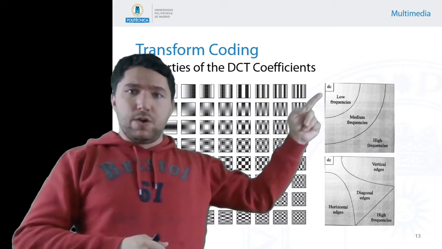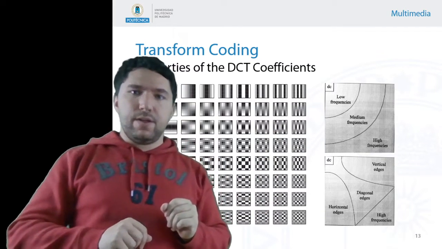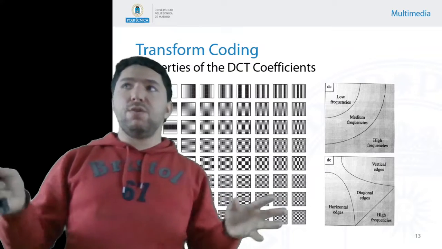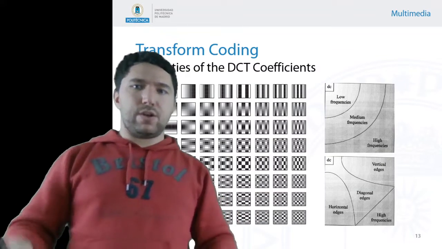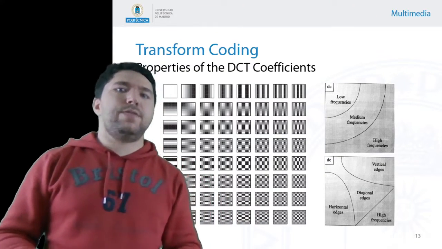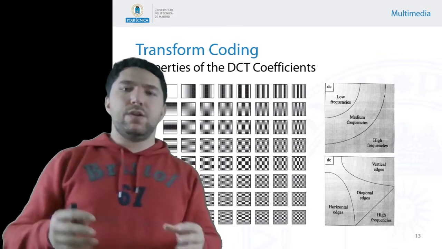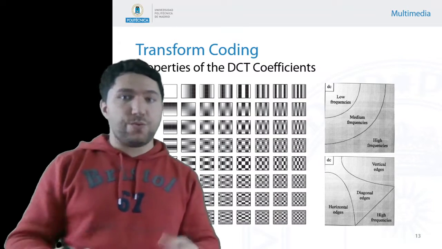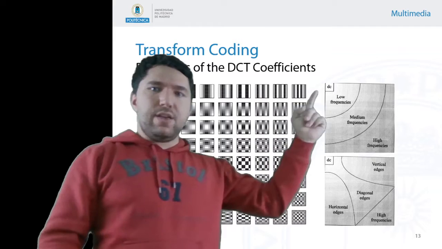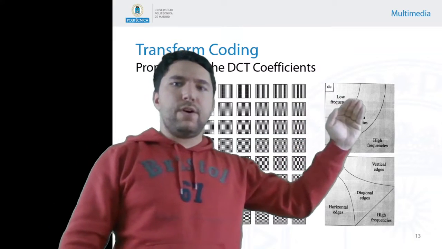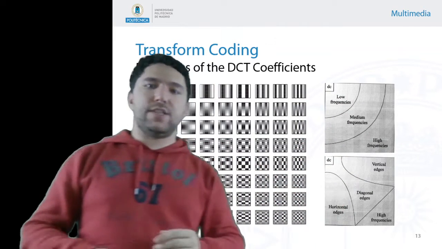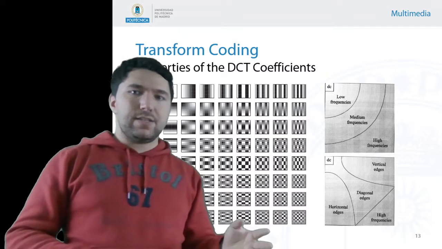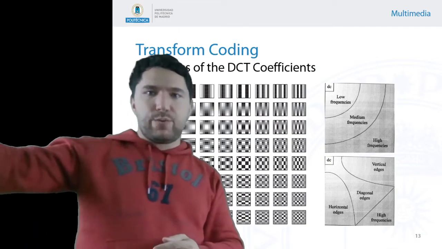Here we will have only the mean value. We will have all the values as the same value, so we will have no frequency. Then if I go further from the DC coefficient, I get higher and higher frequencies.